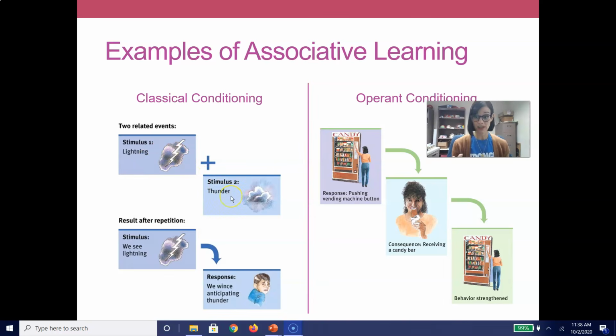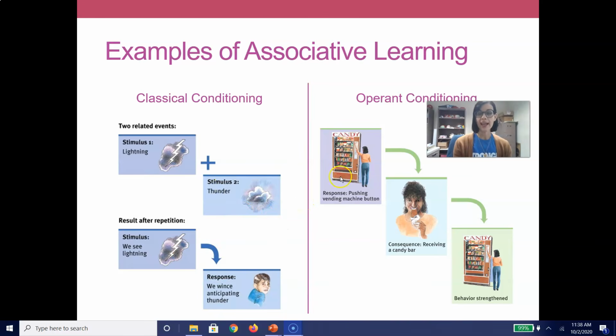One of these is going to predict the arrival of another event, and we show that we know that that's about to happen when we see a flash of lightning and I cover my ears immediately. Or you may wince or brace yourself to anticipate the really loud thunder that you know is going to come. And that shows that you know that lightning predicts thunder. That's classical conditioning. Operant conditioning is going to be a little bit different.